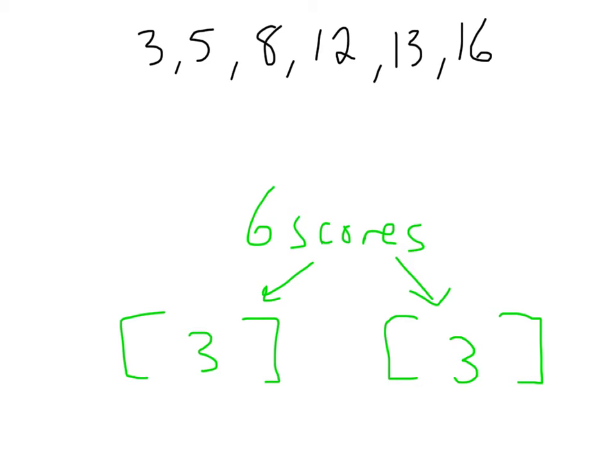So what actually happens is this. Here's my lower set here, 3, 5, and 8. And here's my upper set here, 16, 13, and 12. That actually means that my median score has to be in between here. It's actually not one of the scores in the data set, it's in between the 8 and the 12.